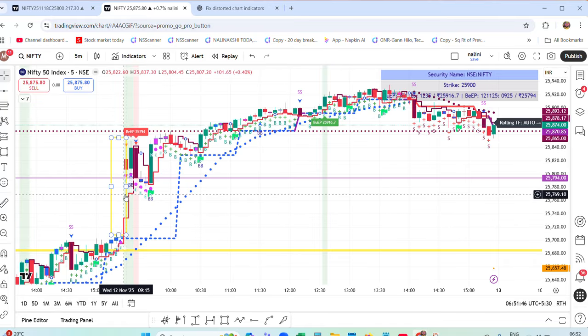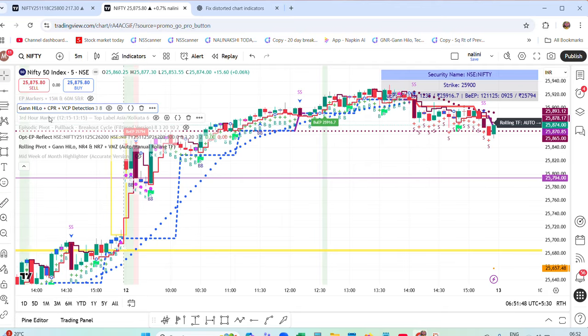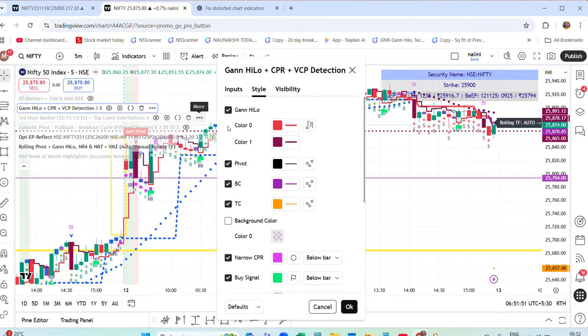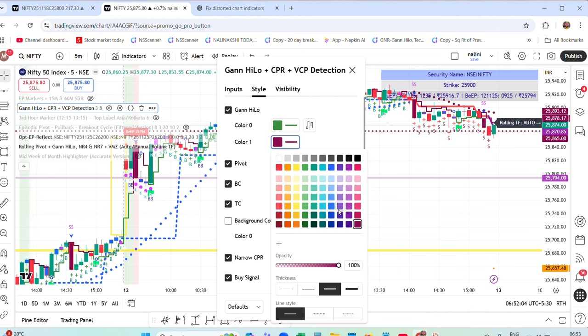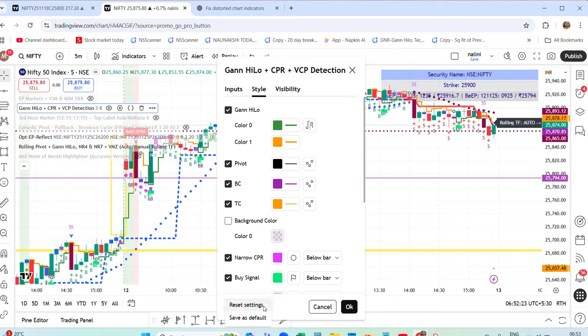What did I change? Let me go back to settings. Oh, color 0, I should not change it to red. Then I'll change it to green, and the magenta color I'll change to yellow, and that will be nice.